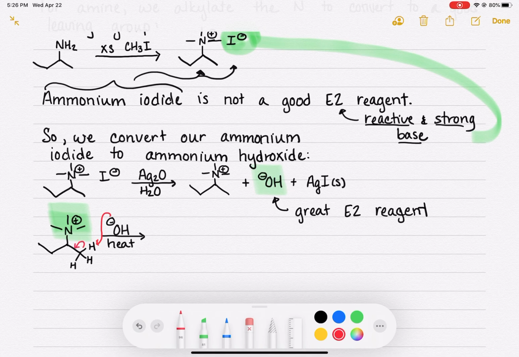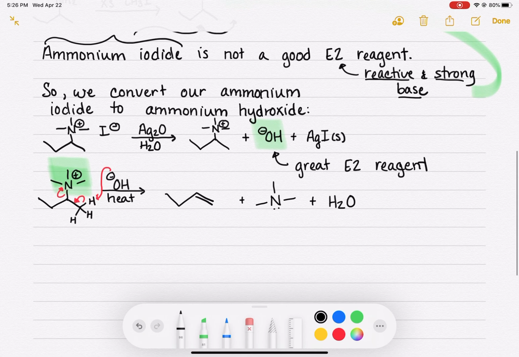This is E2, which means all these things are happening at the same time. We're not forming any kind of carbocation or anything like that. And we end up with the least substituted alkene. We have this tertiary amine byproduct and some water that's being formed as well.